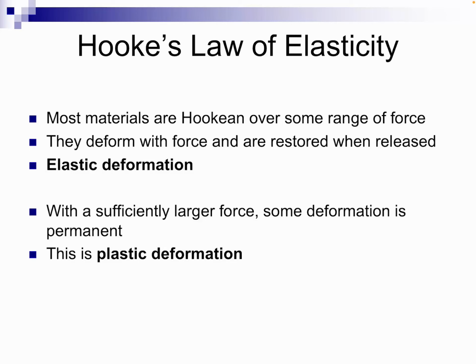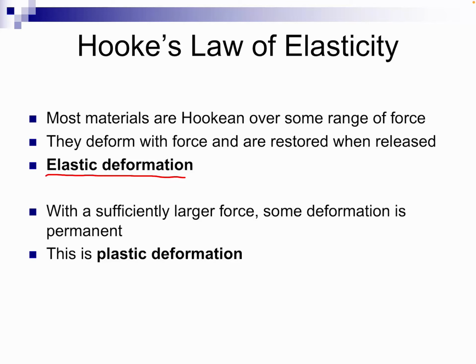And in that range, we say that these objects have elastic deformation, meaning that when we stretch the object and then let go, the object normally goes back to its original undeformed shape. That's when we say that the object has undergone elastic deformation.